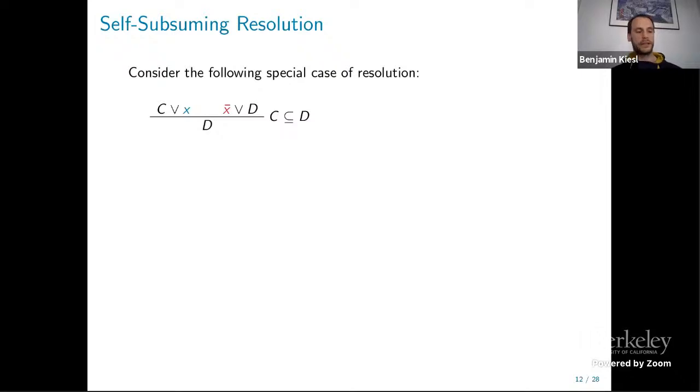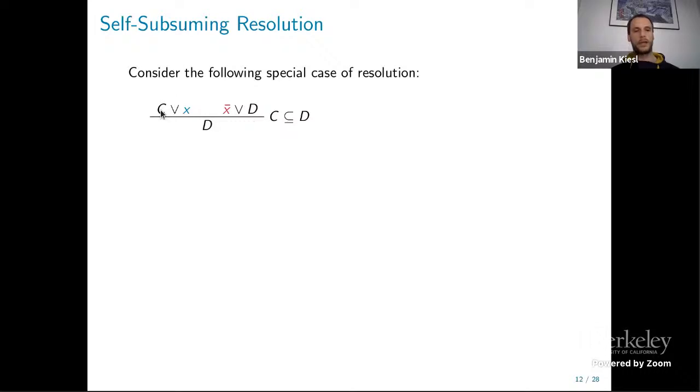Now, there's a very nice special case of subsumption and resolution, namely self-subsuming resolution. When we look again at the resolution rule from before, we could look at the special case where C here on the left is actually a subclause of D on the right.